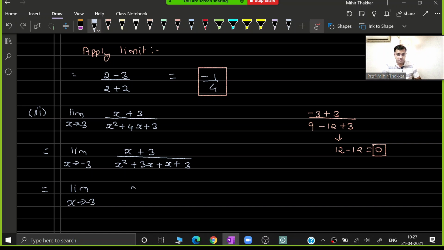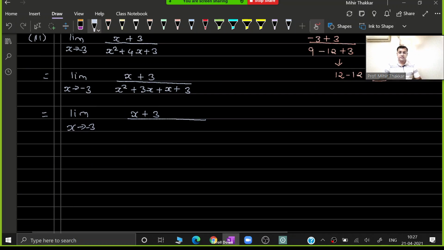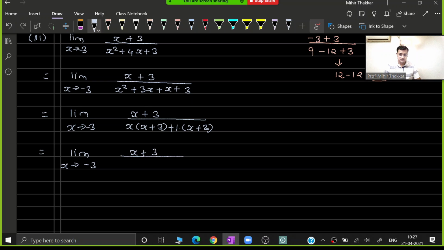Limit as x tends to negative 3, and x into bracket (x plus 3) plus 1 into bracket (x plus 3). So yeah guys, I can see that the common factor x plus 3 has been cancelled.